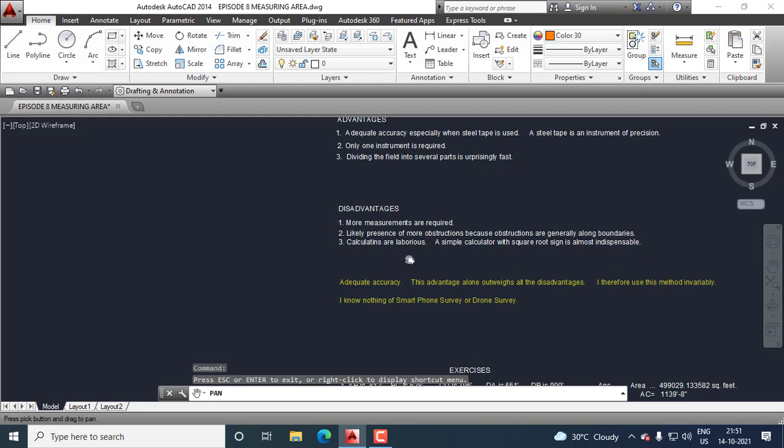Using Heron's formula and finding square root is laborious. But because this method offers very much accuracy, I use this method and I don't use the averaging method or the offsets method.